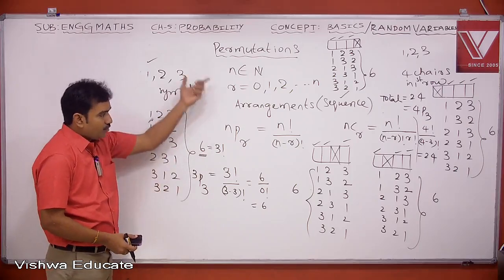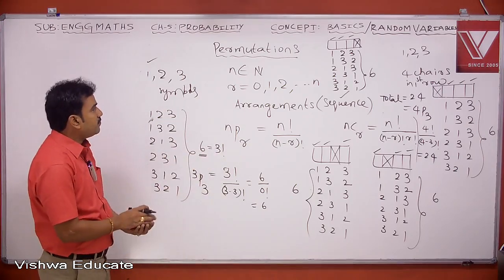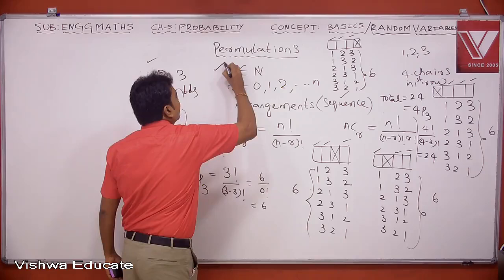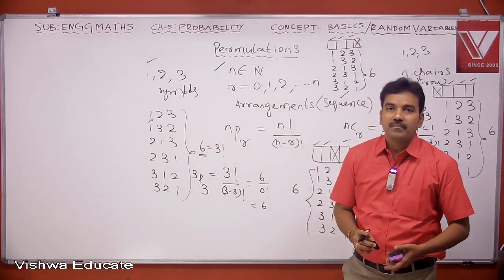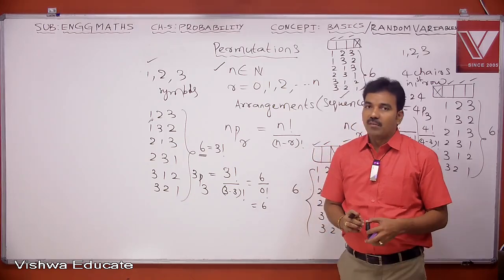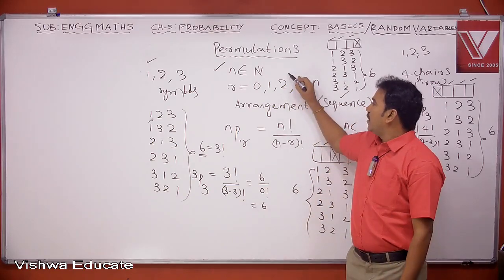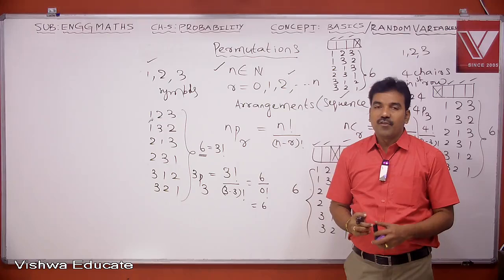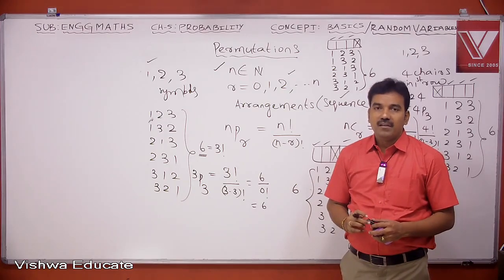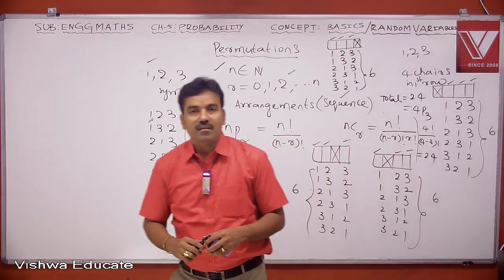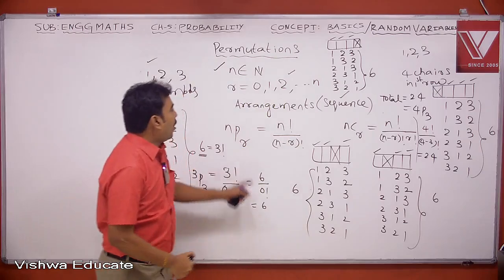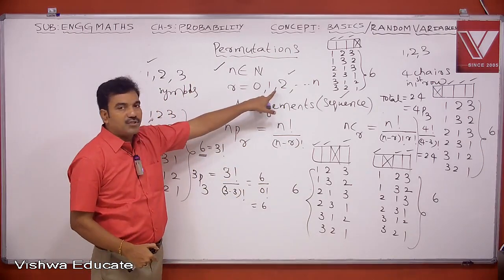Okay, so let us write these points. Let n be any natural number and r be a number ranging from 0 to n.